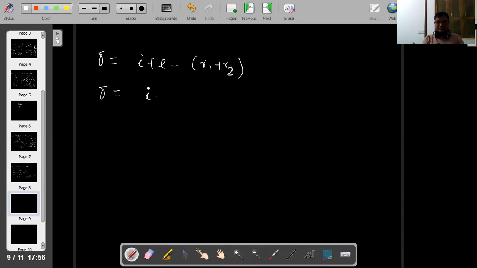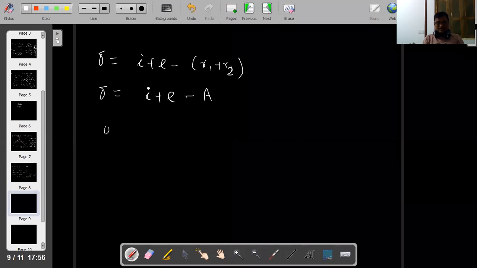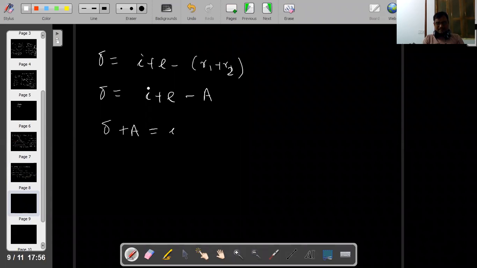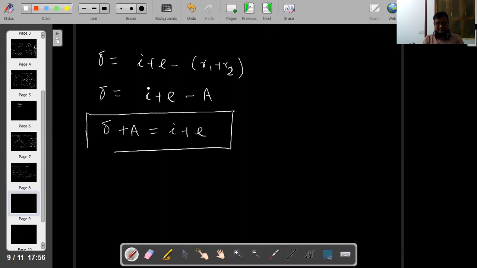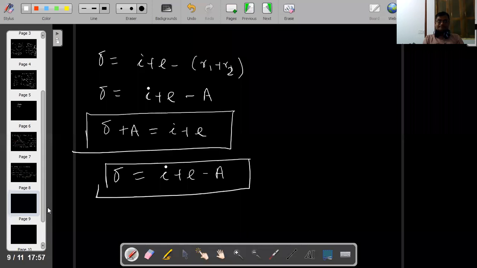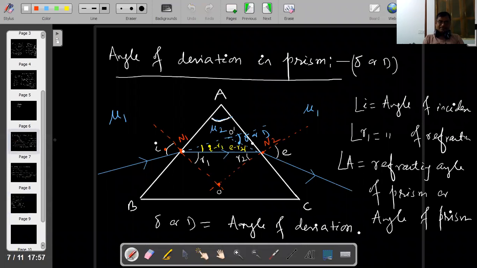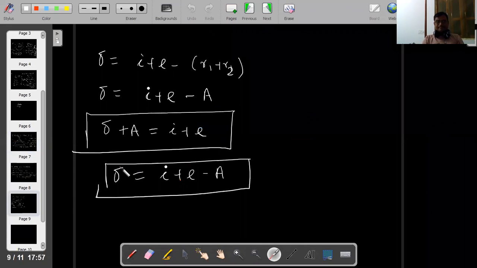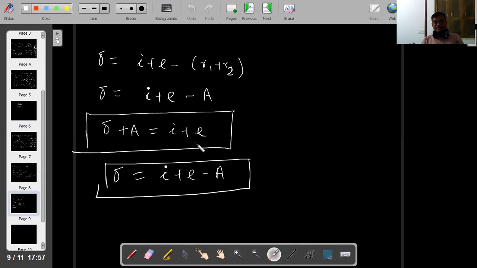Since R1 plus R2 is A, delta plus A is equal to I plus E, or delta is equal to I plus E minus A. This is the deviation in a prism. Very, very important.